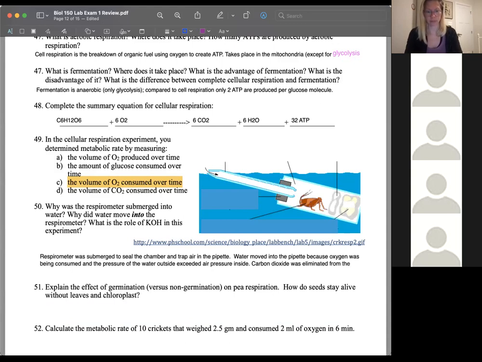How? How did we deal with carbon dioxide being produced inside of the chamber?